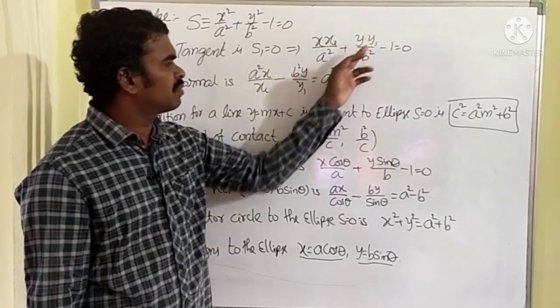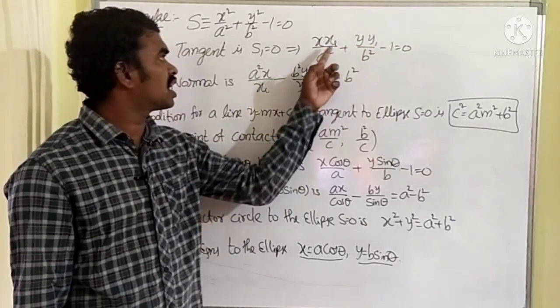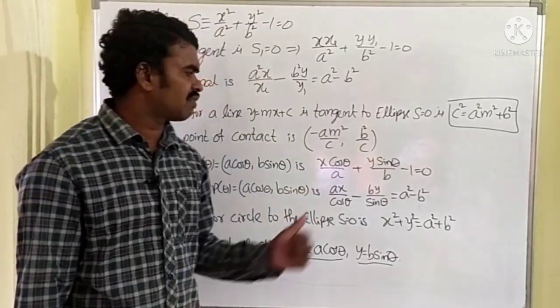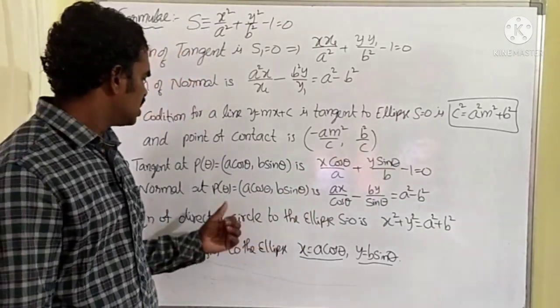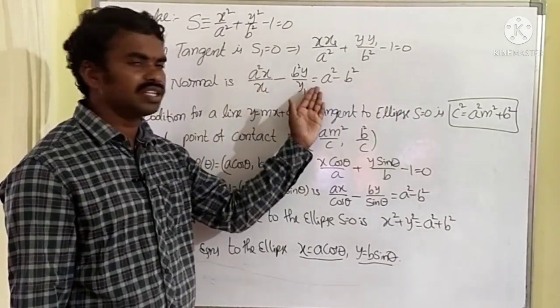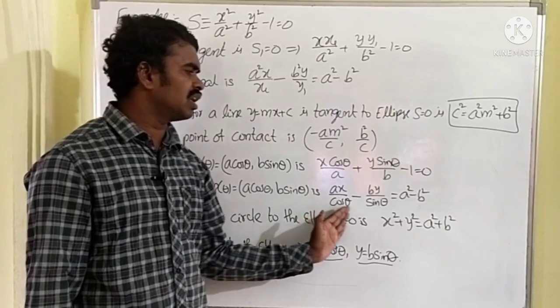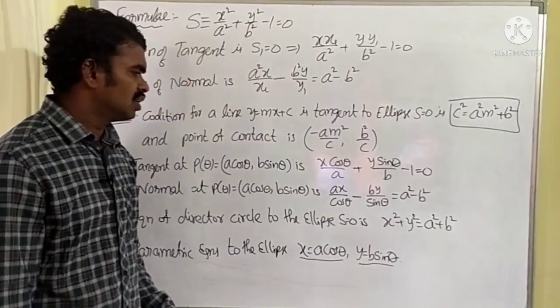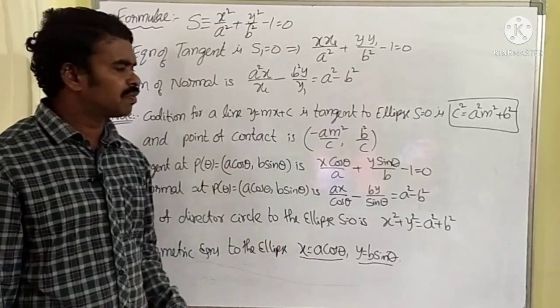Substitute x1, y1 as a cos theta, b sin theta, and simplify, we get this tangent in terms of theta. Similarly, substitute a cos theta comma b sin theta in the normal equation, we get another normal equation of ellipse in terms of theta. Otherwise you just remember the formulas.